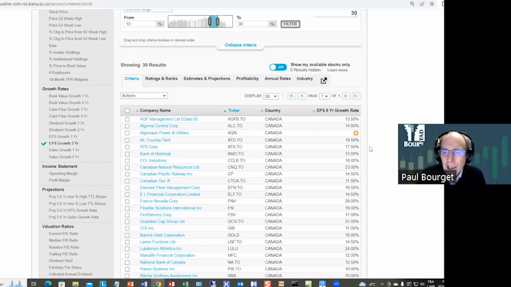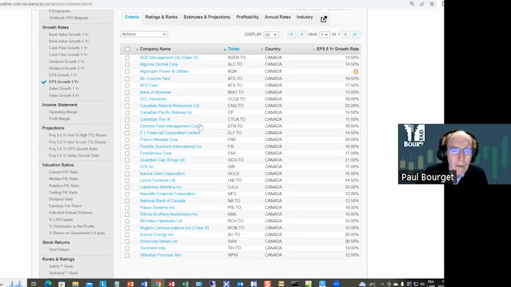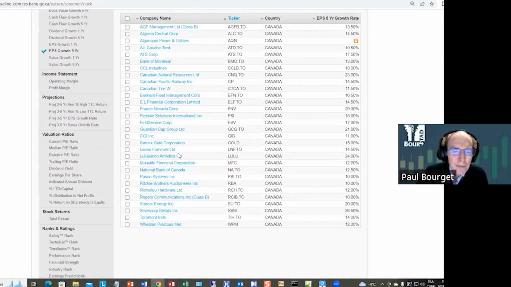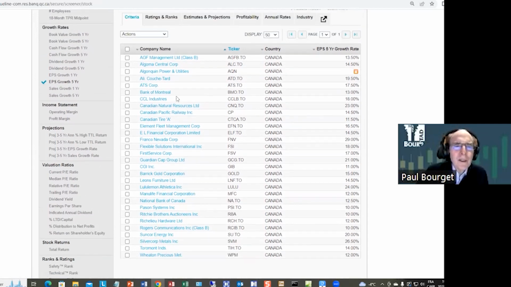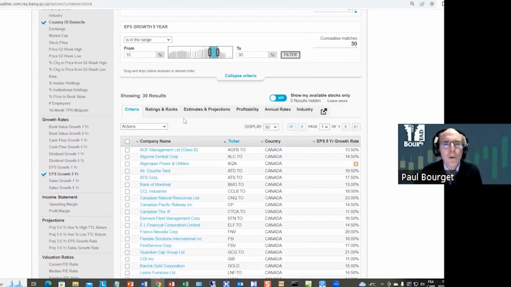We see that Couche-Tard is right there with 19.5. You have Bank of Montreal, you have Canadian Tire, Guardian, Leon Furniture. Most of these firms are in the Bourstad selection, in the list of securities that you can trade on the Bourstad platform.